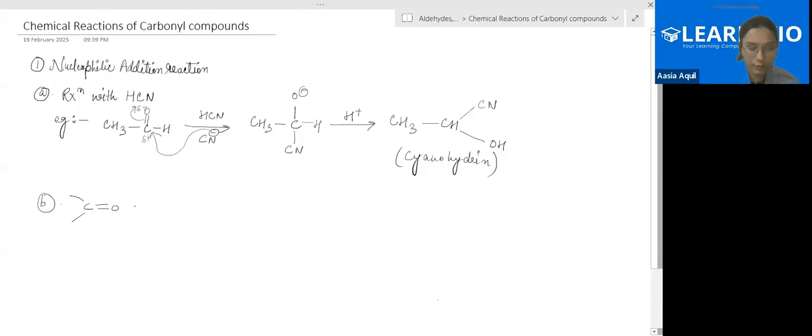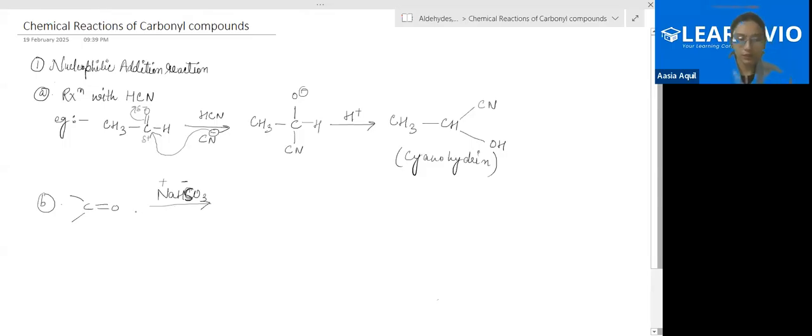When you take the carbonyl compound and add NaHSO3, not sodium hydrogen carbonate, sodium hydrogen sulfite, Na will have a positive charge and here the SO3 will achieve a negative charge.